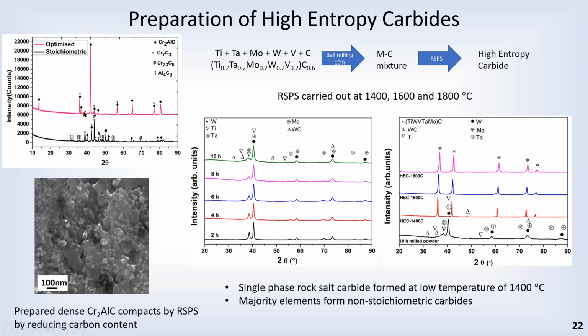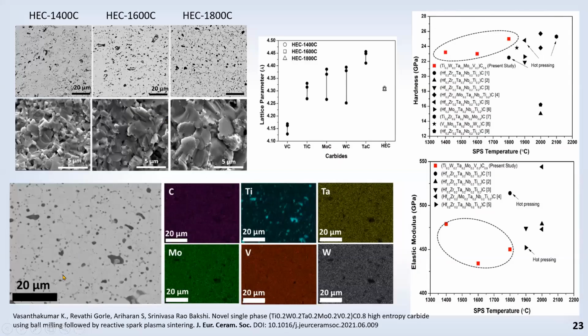This is the cross section of the samples, and there is some TiO2 still present in the sample. Our SPS temperatures are much lower than conventionally used temperatures for hot pressing when you take carbides, mix them and sinter, and by reactive sintering we can get there at very low temperatures.